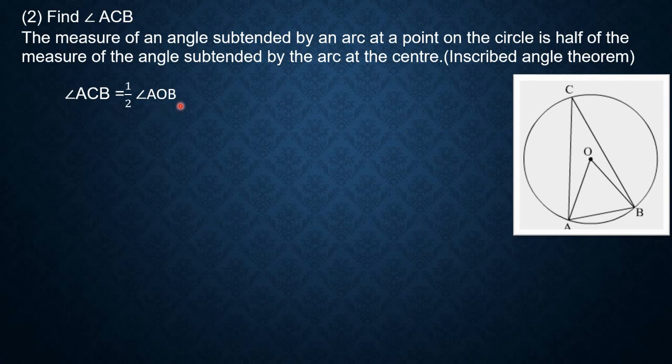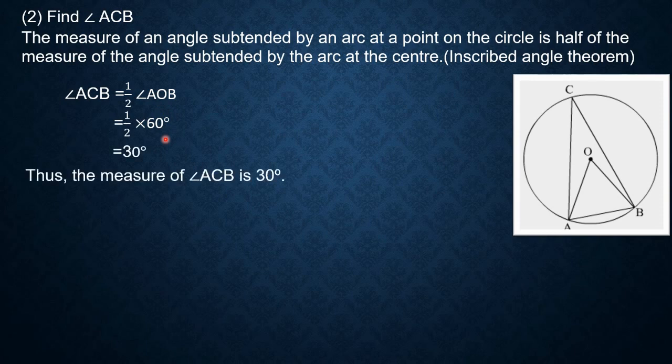Note one thing, that angle AOB is the central angle, and in the previous part of this question we found out that angle AOB is 60 degrees. So we just substitute 60 in place of angle AOB. Half into 60 will be 30 degrees. Thus the measure of angle ACB is 30 degrees.